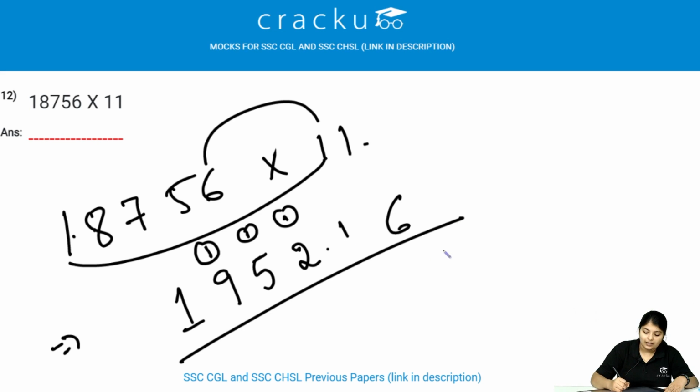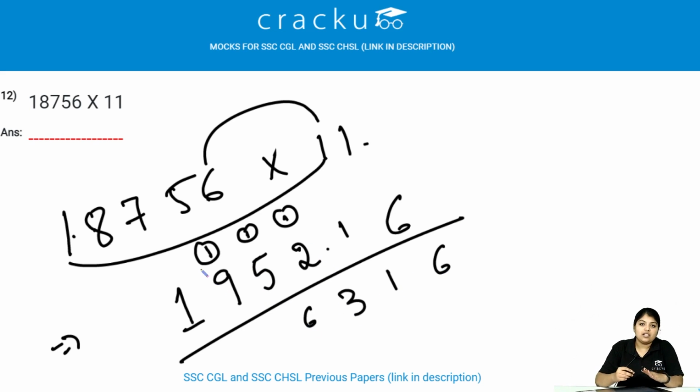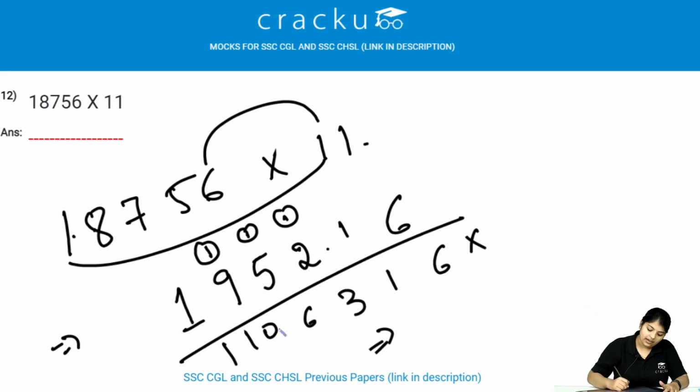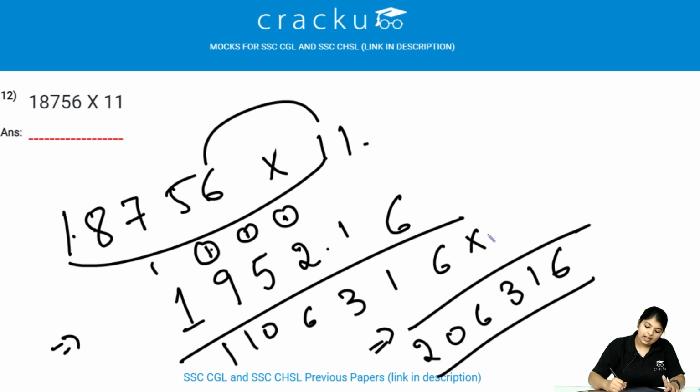So the answer will be 6, 1, 2 plus 1 is 3, 5 plus 1 is 6, 9 plus 1 is 10. So never write 10 here and 1 like this. This will be the wrong answer. You have to write it as 9 plus 1, 10, carry 0, and 1 plus 1 is 2. So the answer will be 206316. Okay, never do this.